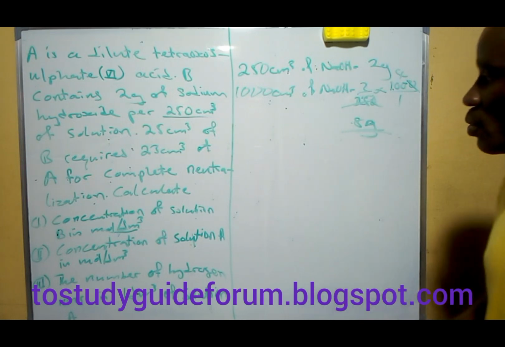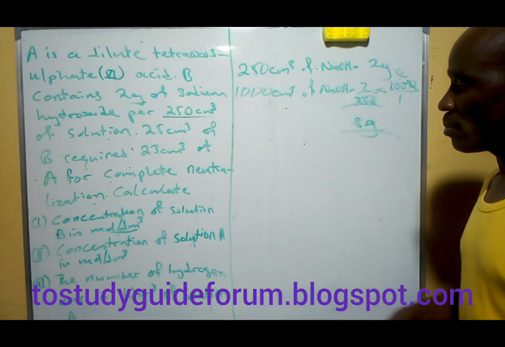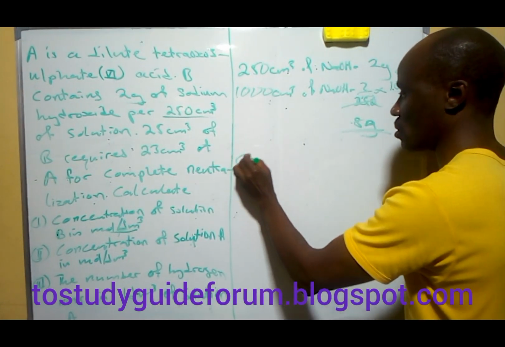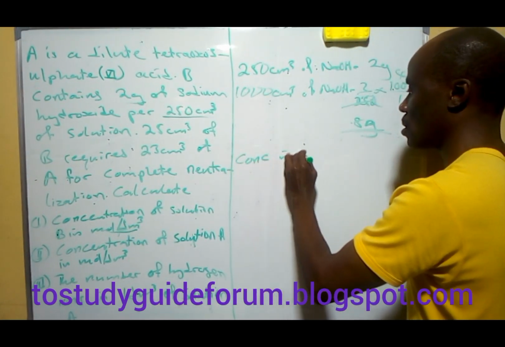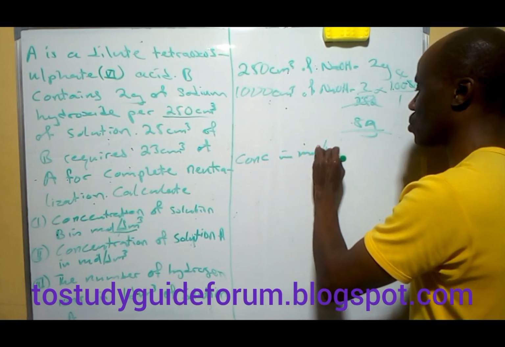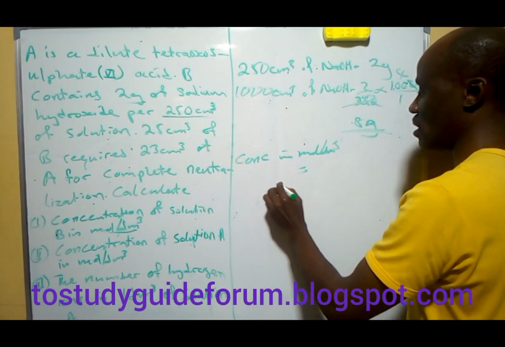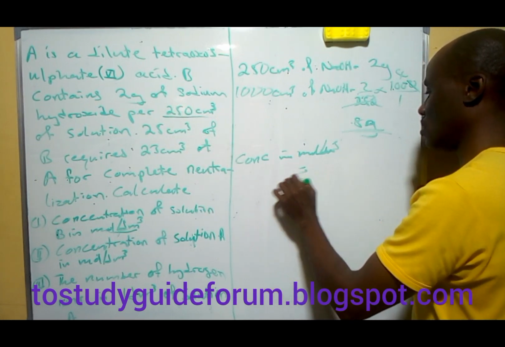What we're going to do now is calculate the concentration, since we're calculating the concentration in mole per dm cube. Concentration in mole per dm cube will be the grams in dm cube over the molar mass of sodium hydroxide, which is 40.